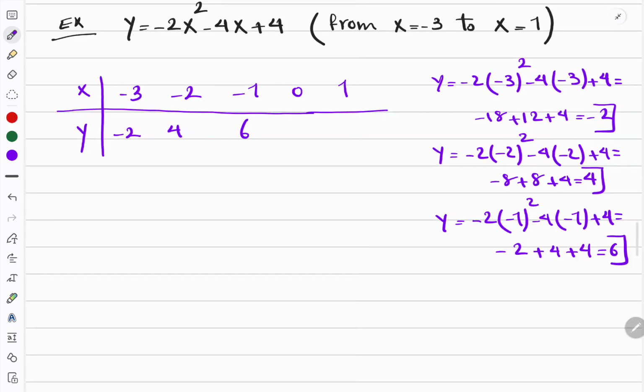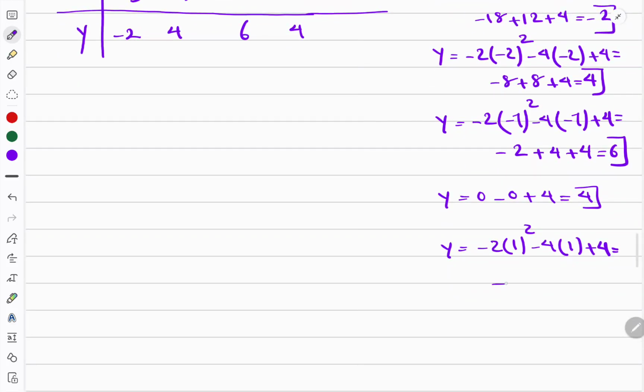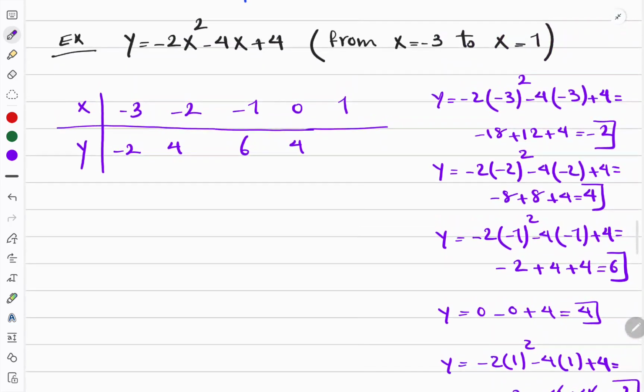And for 0, 0 times 0 plus 4 is 4. And for 1, negative 2, 1 squared, and the answer is negative 2.